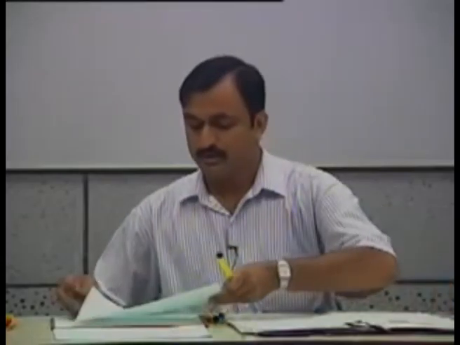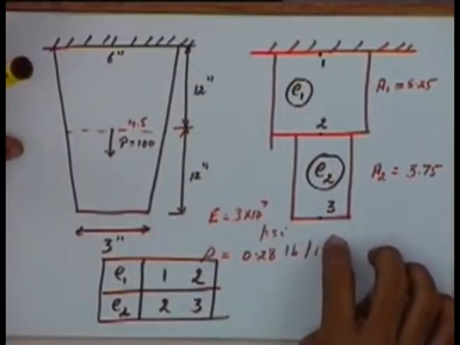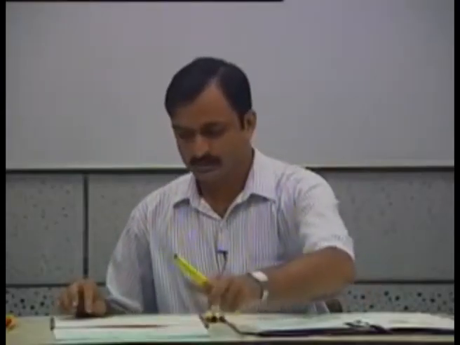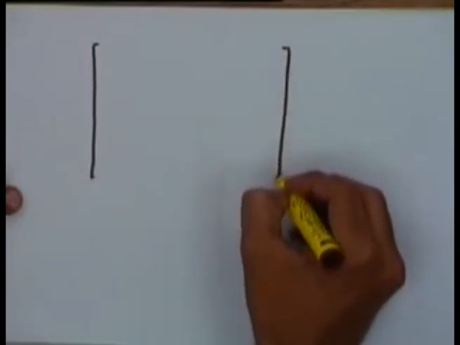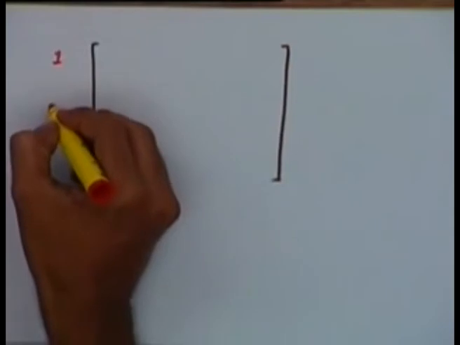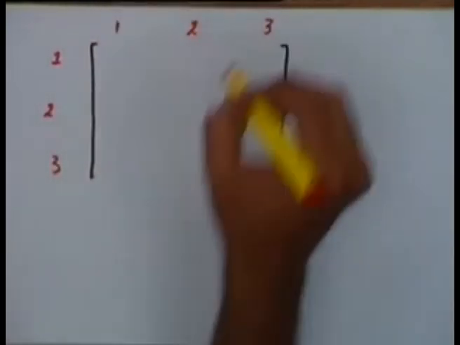So now, since I've got 3 nodes, my global stiffness matrix will have 3 terms in it. It will be a 3 by 3 matrix. So if I write down a 3 by 3 matrix, with rows 1 2 3 and columns 1 2 3.